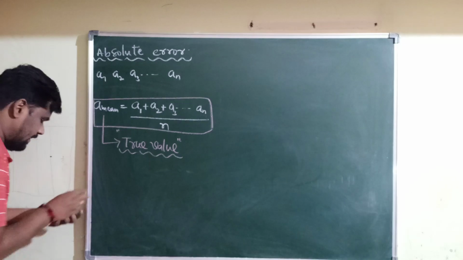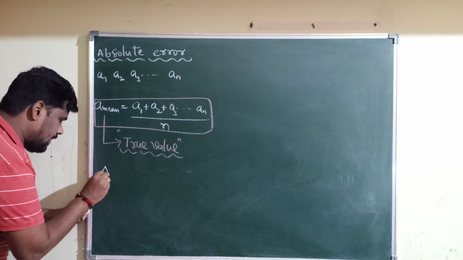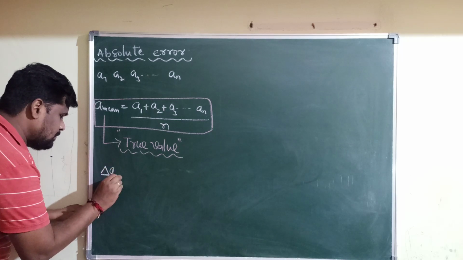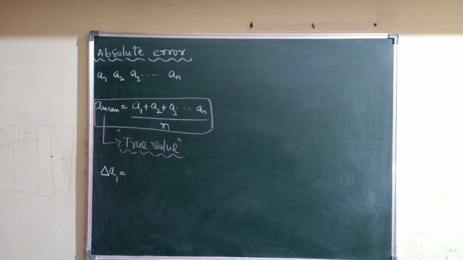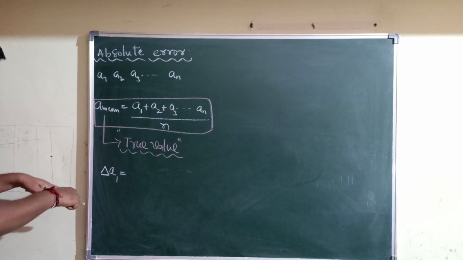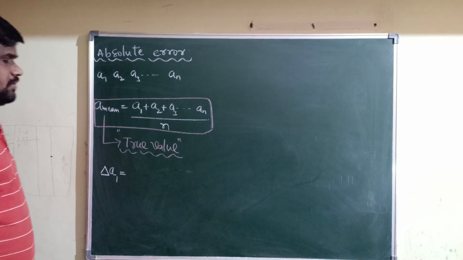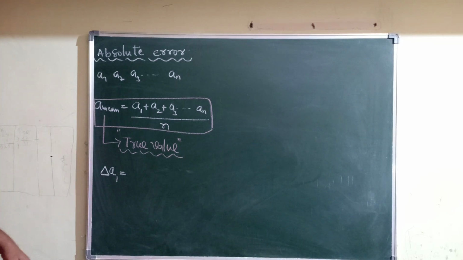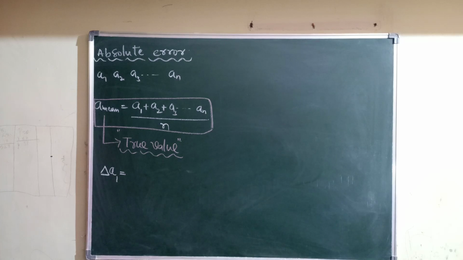The absolute error is generally denoted by delta A. For the first observation it is delta A1, the absolute error in the first observation. Delta A2, absolute error in the second observation. Delta A3, absolute error in the third observation. Delta AN, absolute error in the nth observation.